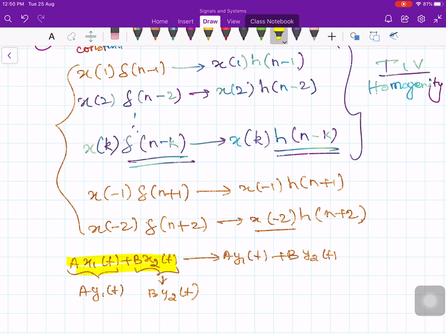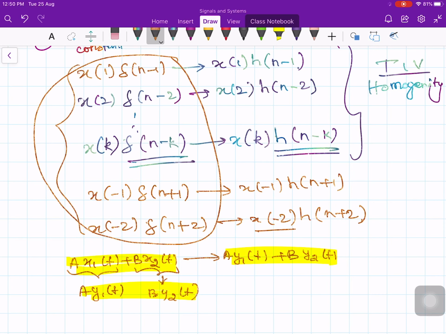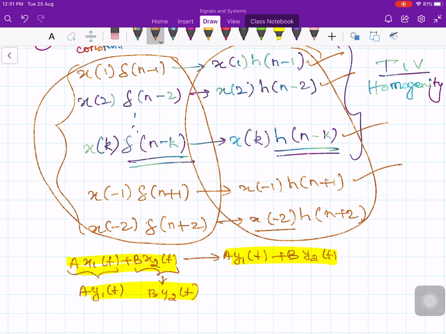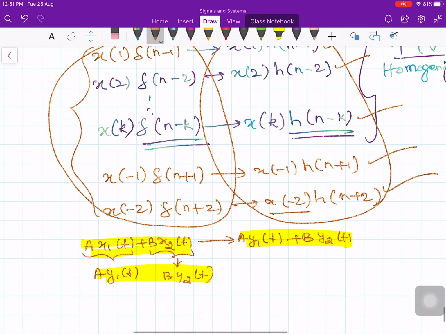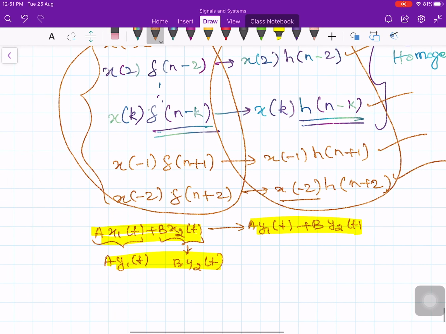That's what I have written here. Therefore, you add all the inputs before you give to the system, then the response will be the summation of the individual responses. So this is my first individual response, second response, third response, fourth response, fifth response. Okay, so we sum this up, we apply all these inputs simultaneously by adding it.